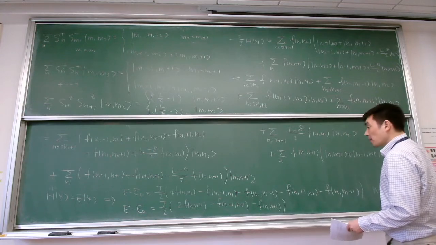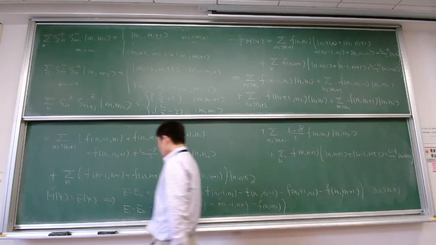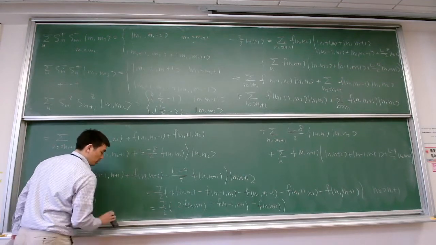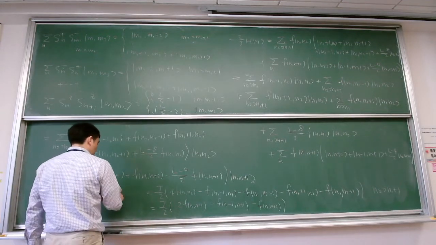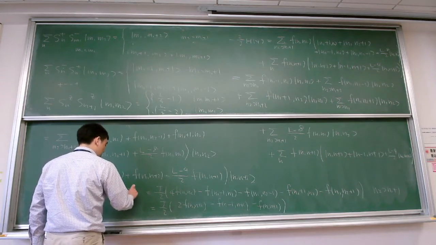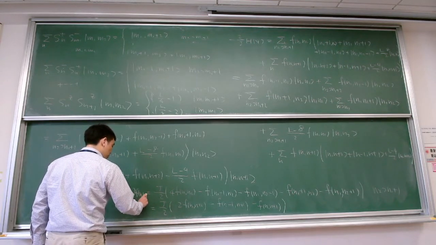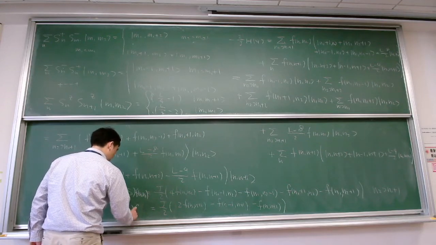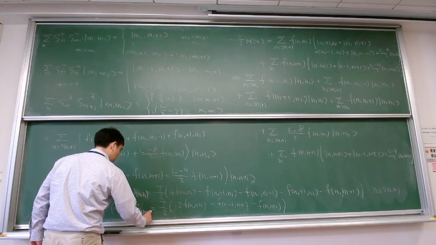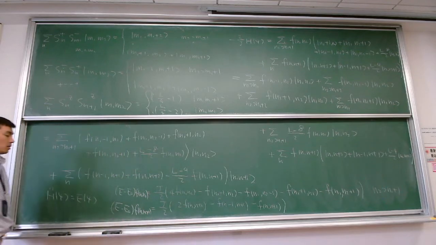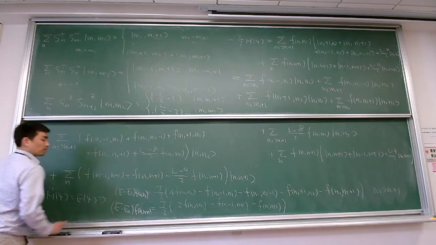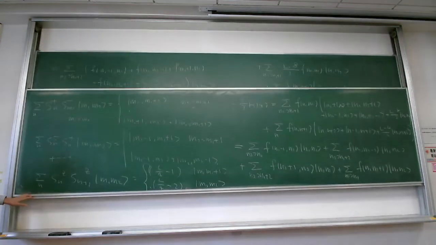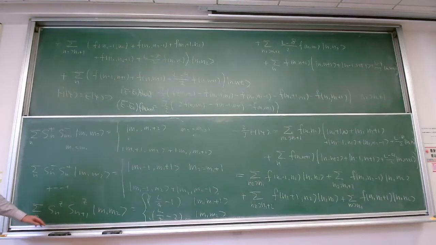Sorry, I think I made a mistake. I lost an overall factor, sorry. So here, E minus E0 times f n1 and 2, E minus E0 f n and n plus 1. This is a condition which you can easily see.